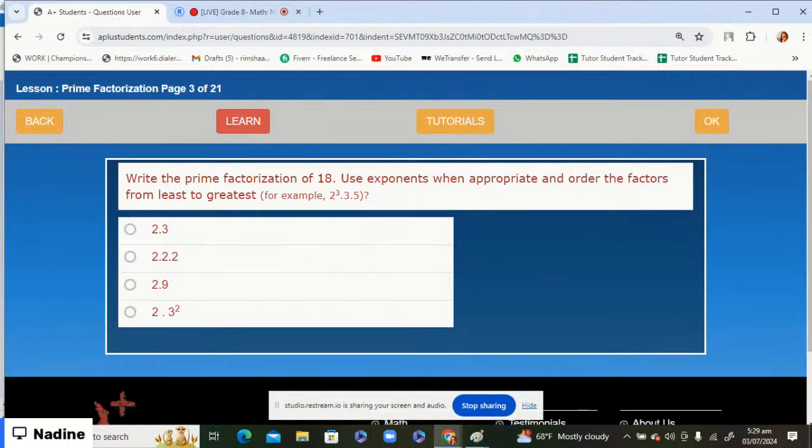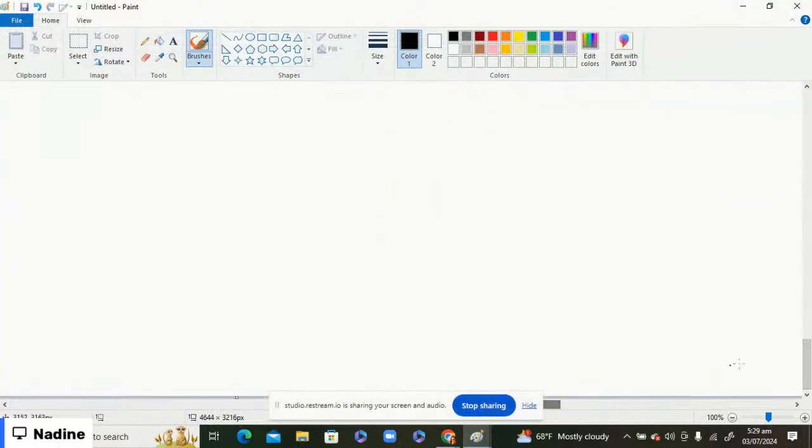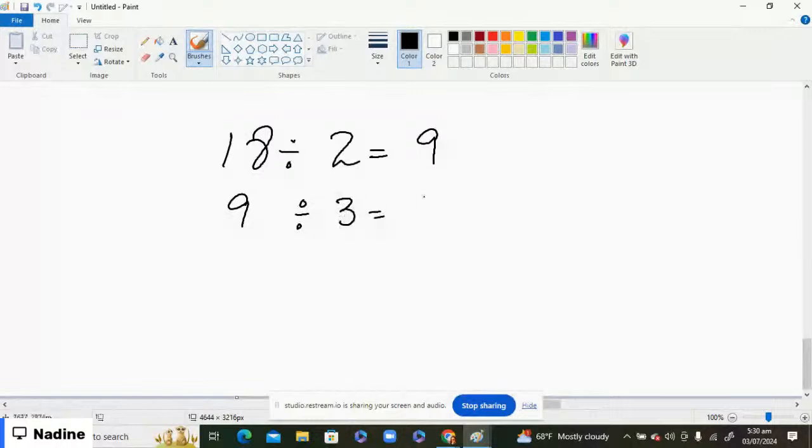Now for 18. I wasn't going to solve it, but let's solve it, because when we solve it, we are more able to understand. First, here is 18. 18 divided by 2 is 9. 9 divided by 3 is 3. 3 divided by 3 is 1.